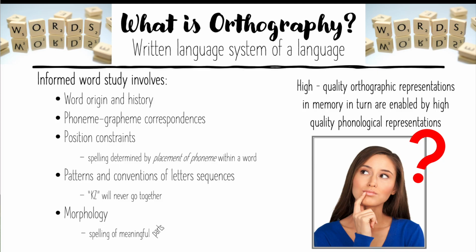We also want to make sure that this word study also involves morphology, bringing up those meaningful parts that have a unique meaning that are added to our word, or the word itself has a meaningful part that is going to have a spelling component to it.